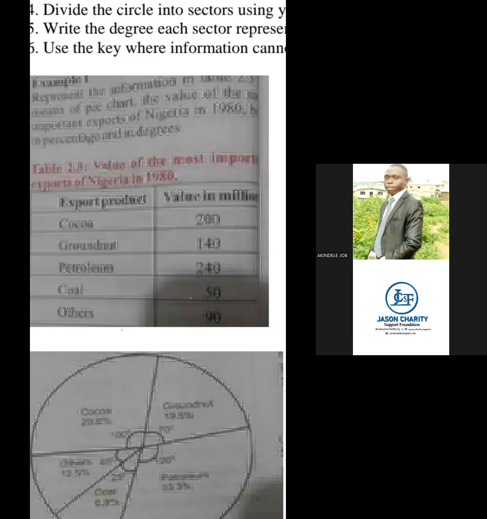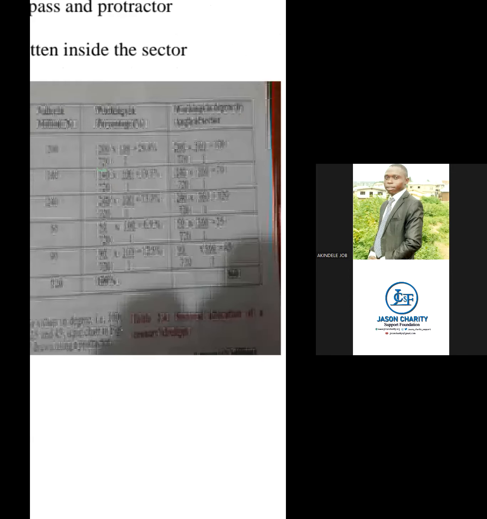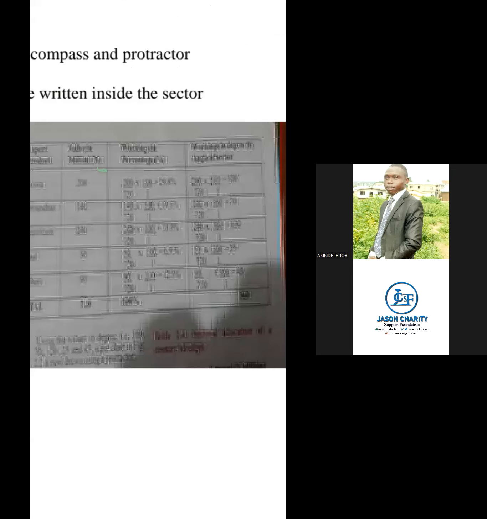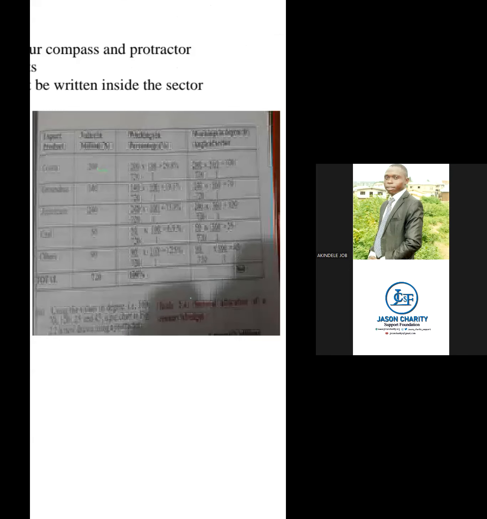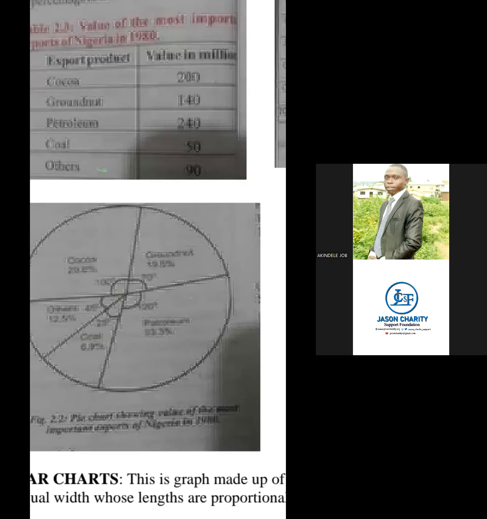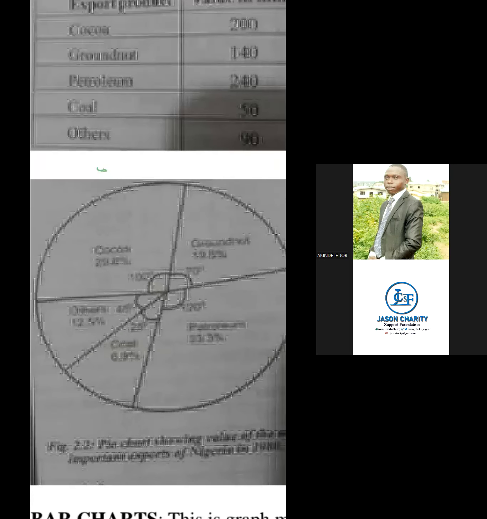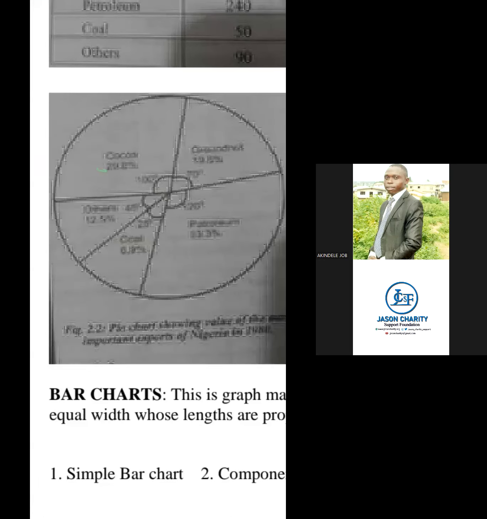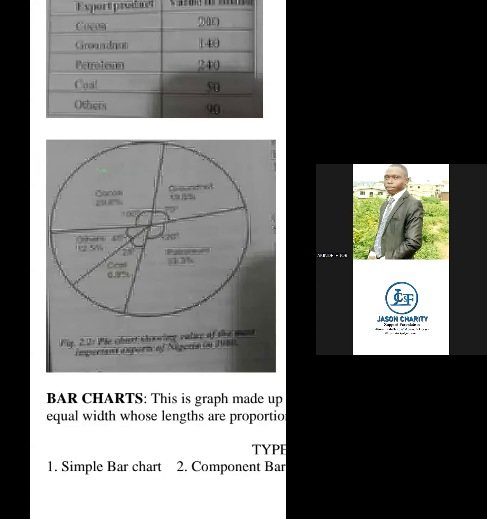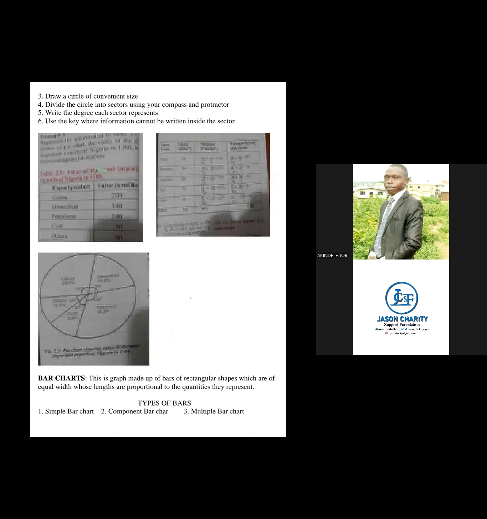From that table we have another table where we calculate the degrees, while the third one is the pie chart that represents it. You can see inside that pie chart, you see cocoa and the number of degrees, groundnut and the degrees. So that is how it should be. But in a case when your circle is too small to accommodate all this information, you have to prepare a key.